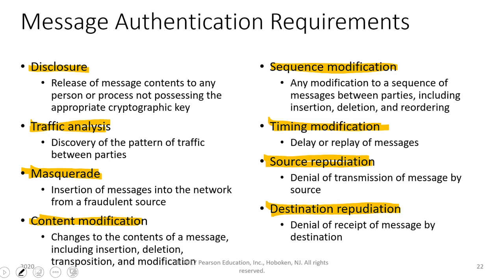Masquerading, content modification, sequence and timing modification are about unauthorized people coming in between the communication and impacting on the communication. Then source repudiation and destination repudiation are about how the sender and the recipient cannot deny that they either sent the message or they received the message.